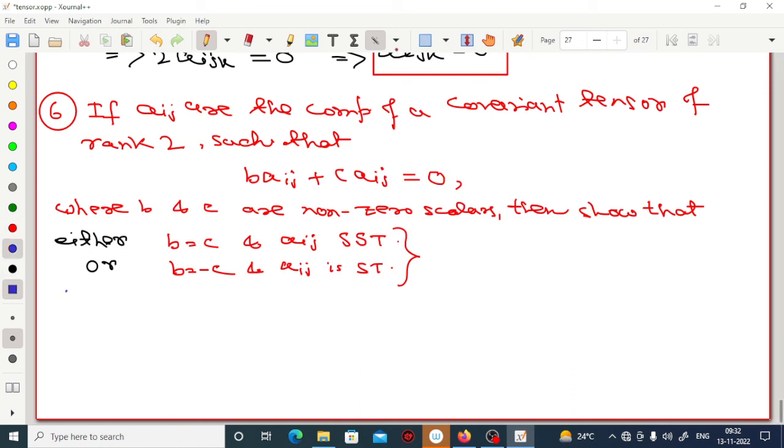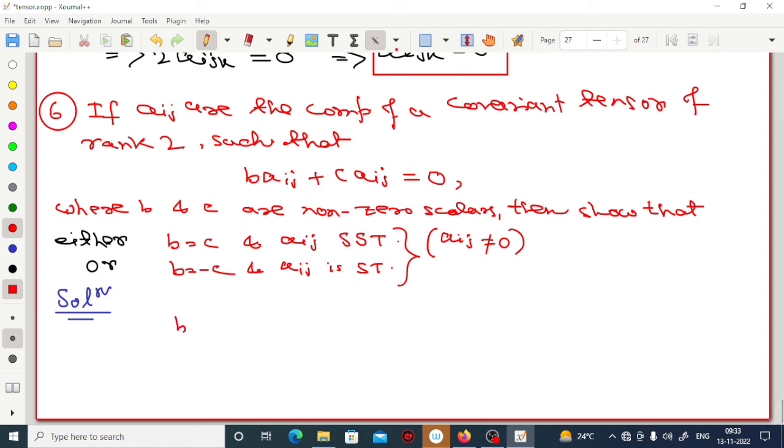Okay, let's try to have a look at the solution. Another idea is given, Aij is not equal to 0. It's very obvious. You have to think over it.